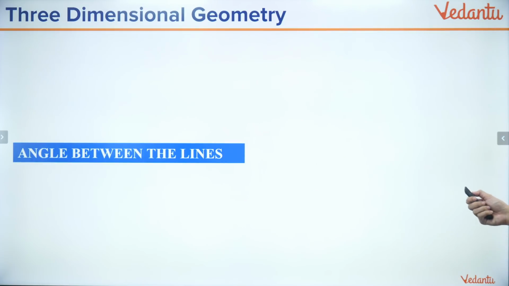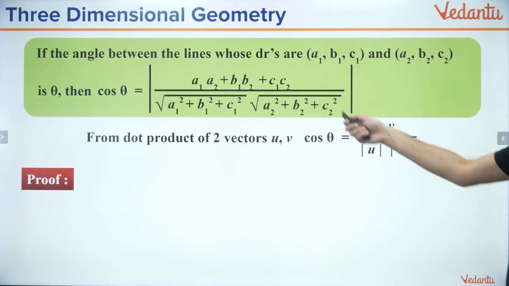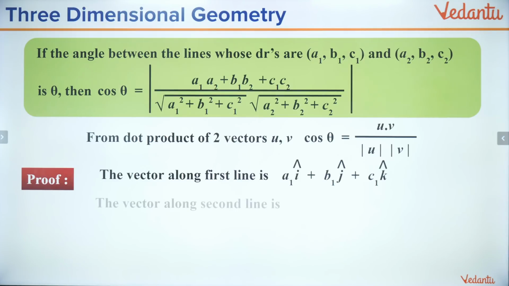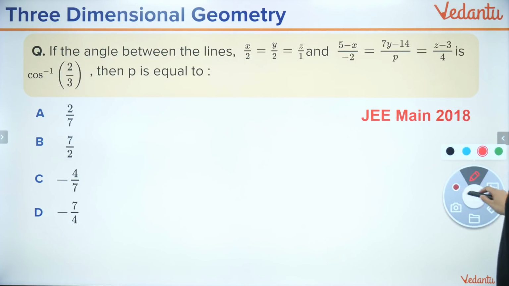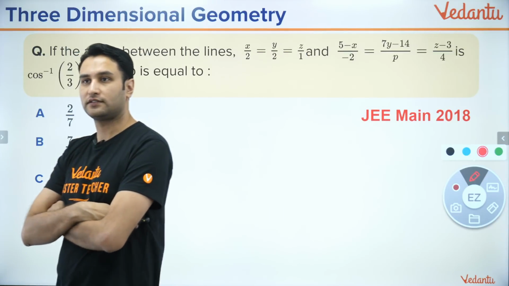So concept wise, this was the concept. I am leaving the same formula I have just talked about here. Look at the problem. The angle between the lines this and this is this, then P is equal to, bachcho do the calculations.